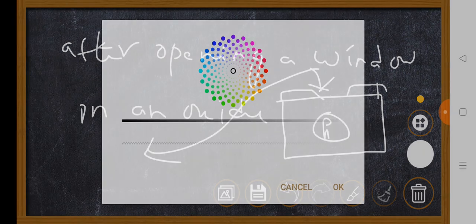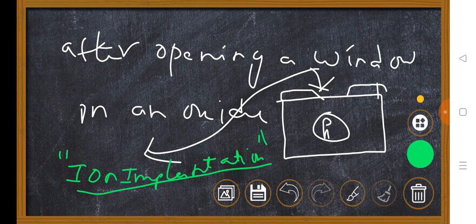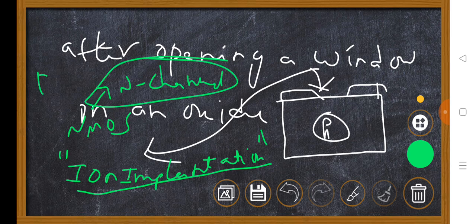That extra step is known as ion implantation. Which channel would you like to be present? NMOS means N channel. Then we have to do diffusion.